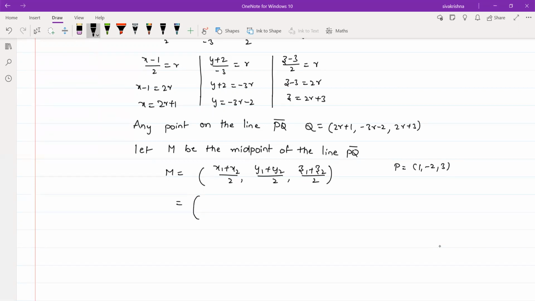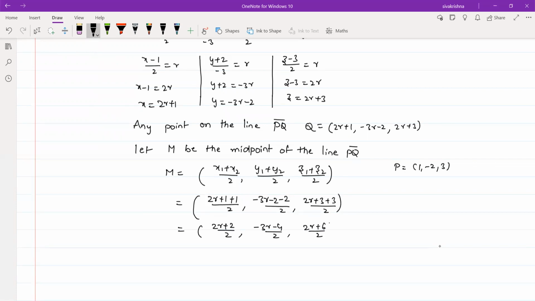So x1 plus x2 means 2r plus 1 by 2, comma y1 plus y2, minus 3r minus 2 by 2, comma z1 plus z2, so 2r plus 3 by 2. Okay, so we get 2r plus 2 by 2, comma minus 3r minus 4 by 2, comma 2r plus 6 by 2.